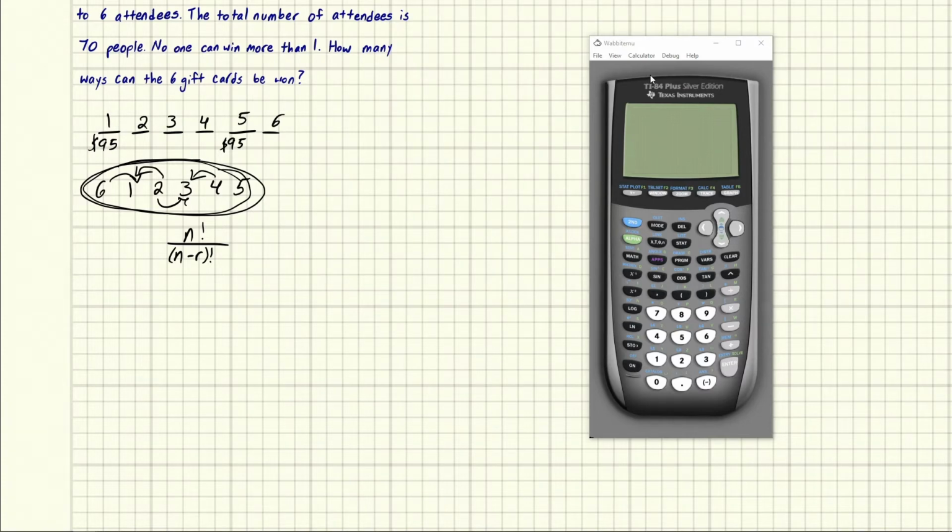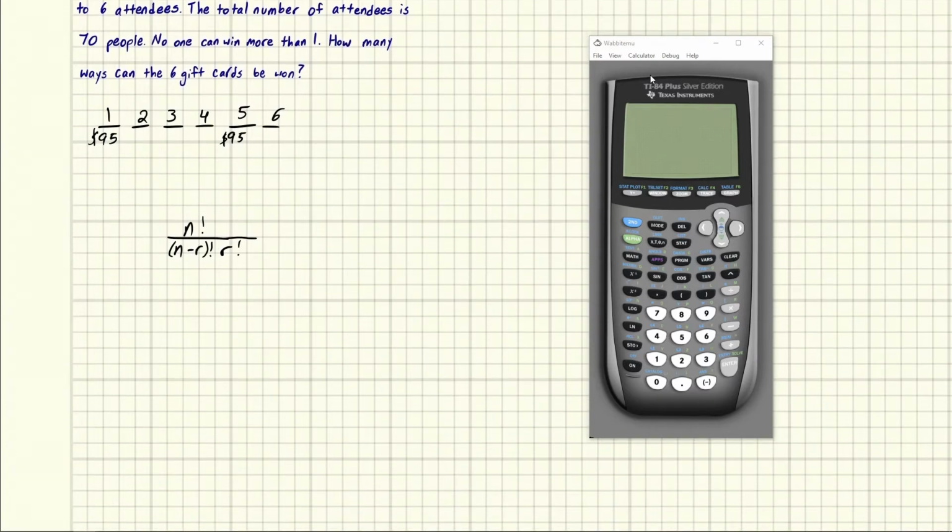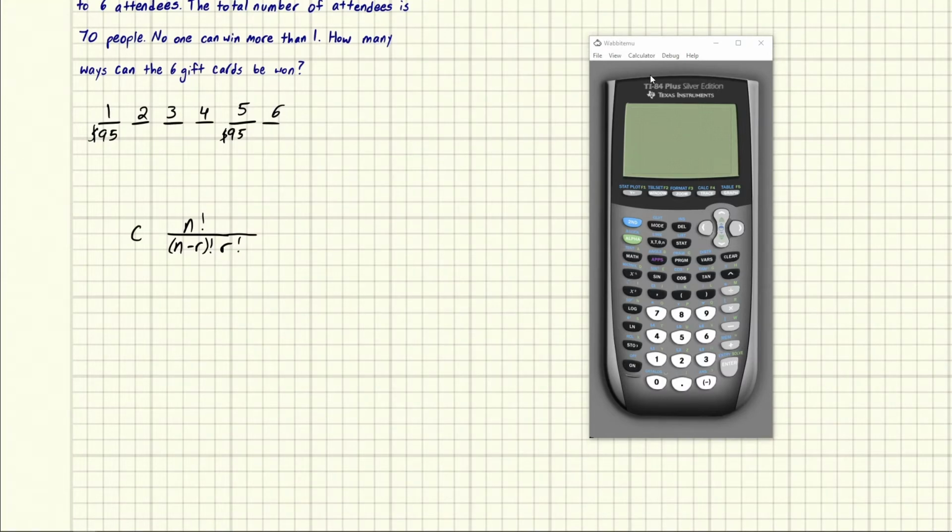So we need to divide out these extra combinations of people. So we put an extra r factorial there to remove all those extra combinations that would occur. Otherwise, it makes it look like there's a bigger number of ways than there actually is. We need to take out all those repetitions. So this is actually the formula for combination, nCr.